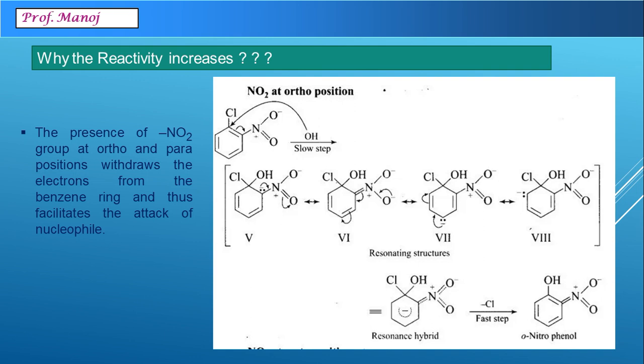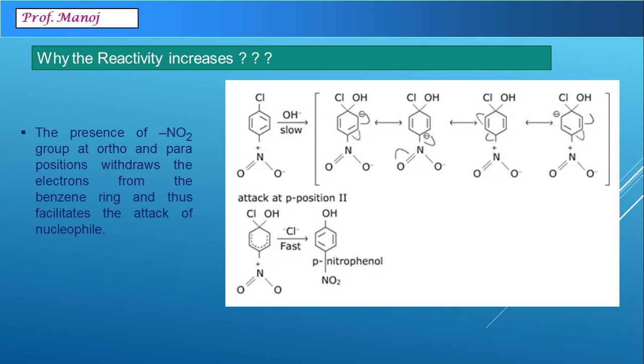Now, there will be a play of electrons within the nitro group resonance, and overall, the resonance hybrid becomes more stabilized. This makes the ring more reactive. If you put this at para position also, a similar thing takes place. That makes ortho and para positions more reactive for haloarenes.